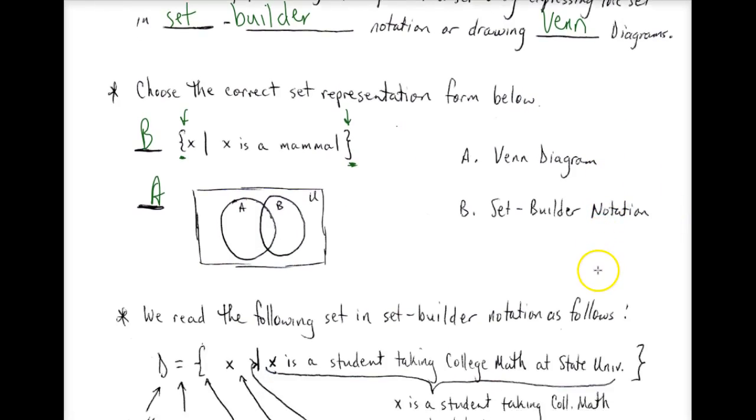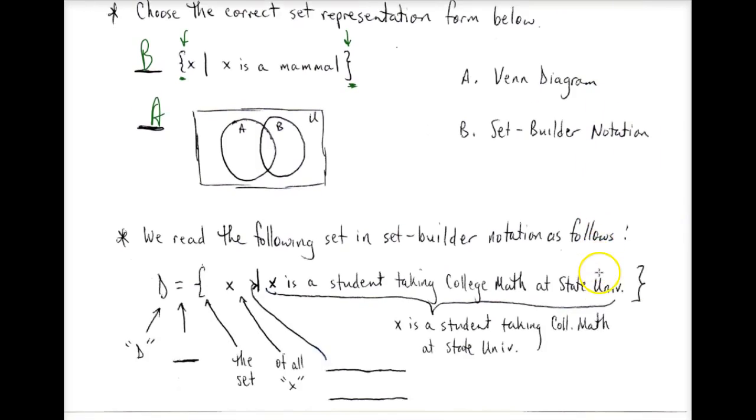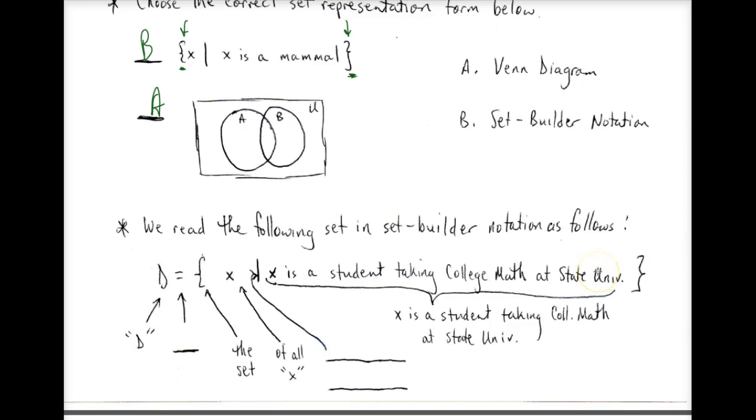Moving on, how we would actually read set builder notation, and I've just taken this example here. We would read this as D is, and that's what equals means in math, the set of, and we would translate that as the set of all x such that, and that's what that line means.